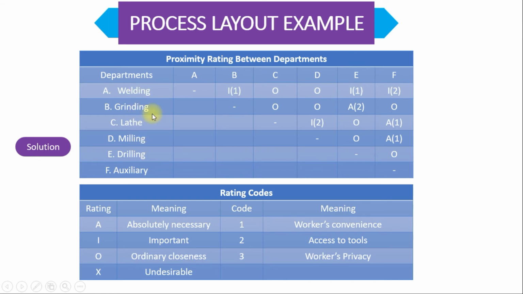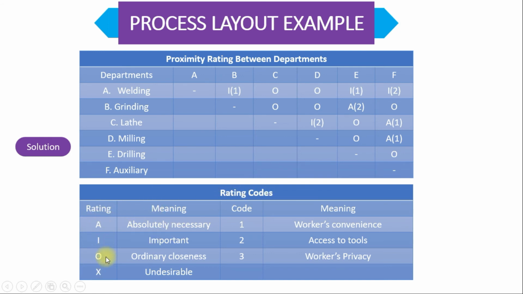Or you can use your own technical know-how to come up with that, if the person is not able to give you reasons why this department should be close to that one. Proximity in placing department beside department is very, very important. You should know the reason why you are placing this department beside that department.